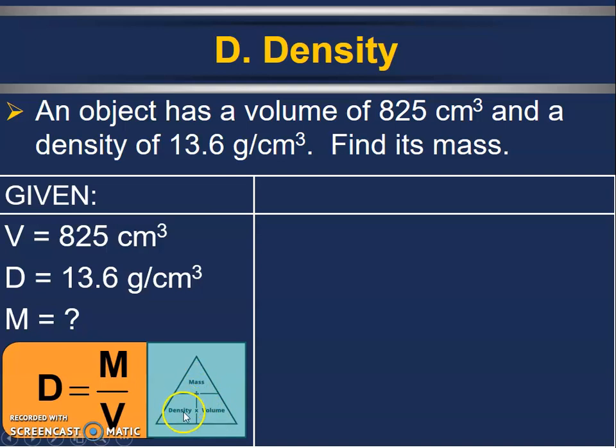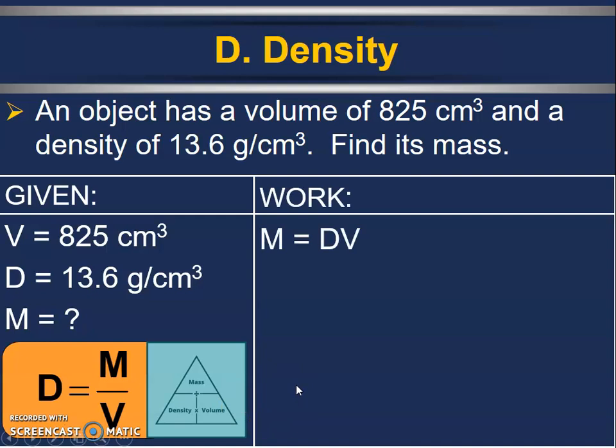So if you have density, you have to do mass divided by volume. If you have mass, you have to do density times volume because they're side by side. If you need to know your volume, then it would be mass divided by density. It's what's left. It's really cool. If you like that, but it doesn't really make sense to you, you want some more time talking with it, get into contact with me. We'll talk it over. Okay? But I need to know mass. So if I know my mass, what's left? Density times volume.